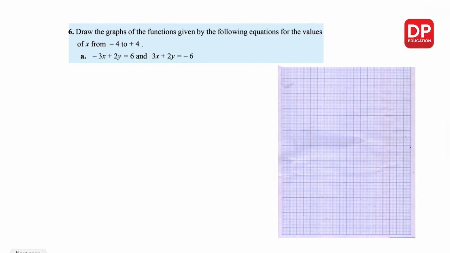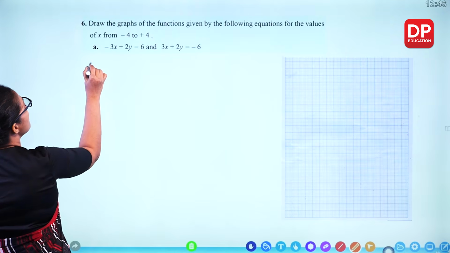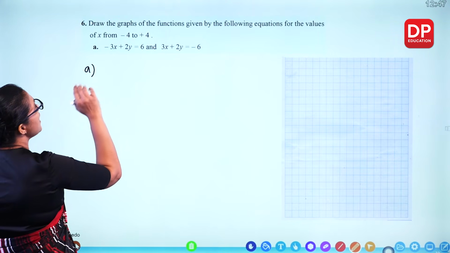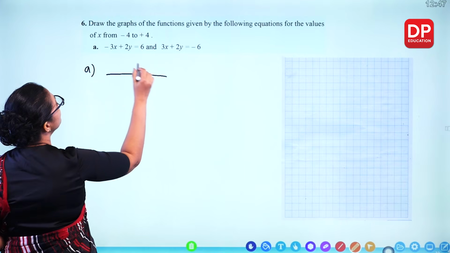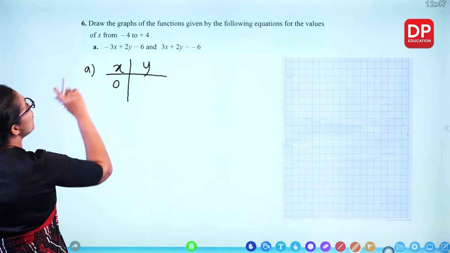Question number 6. Draw the graphs of the functions given by the following equations for the values of x from minus 4 to plus 4. We'll create a table for A. So, what's the easiest one to take? We take x equals 0 and find y.